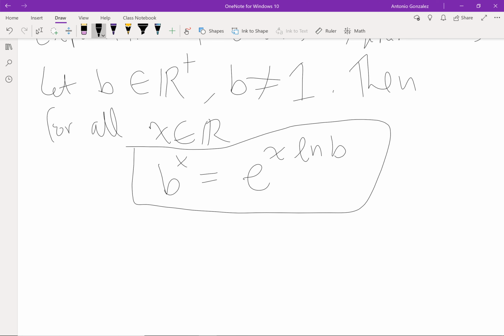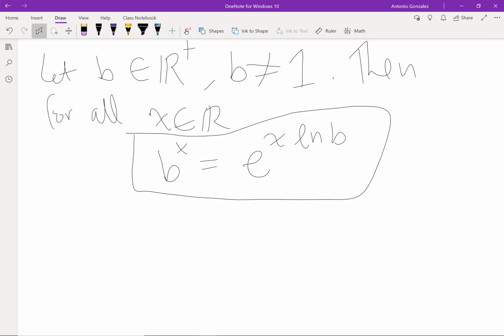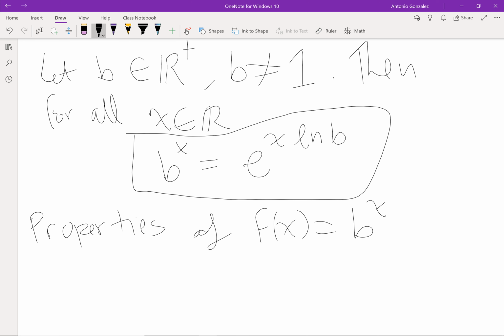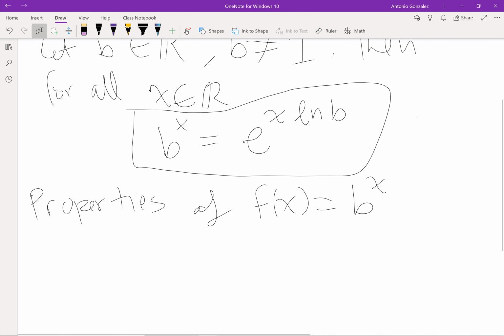Okay, so let's take a look at some of the properties of f of x equals b to the x. Now if you look at e to the x ln of b, ln of b is just some constant. So b to the x has the same properties as our exponential.